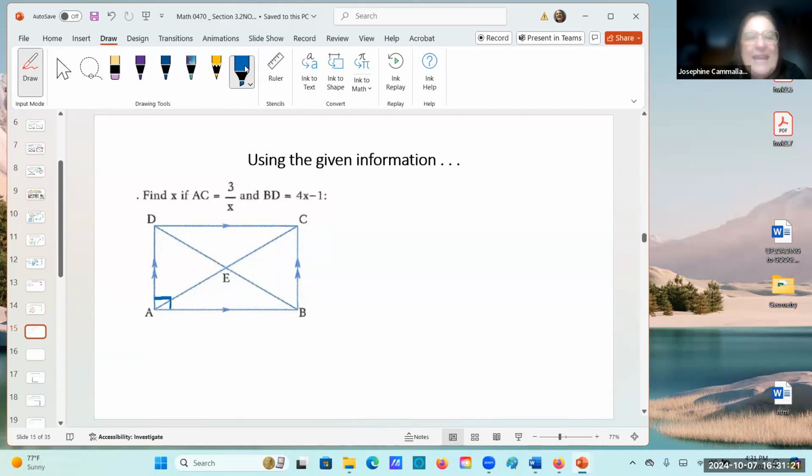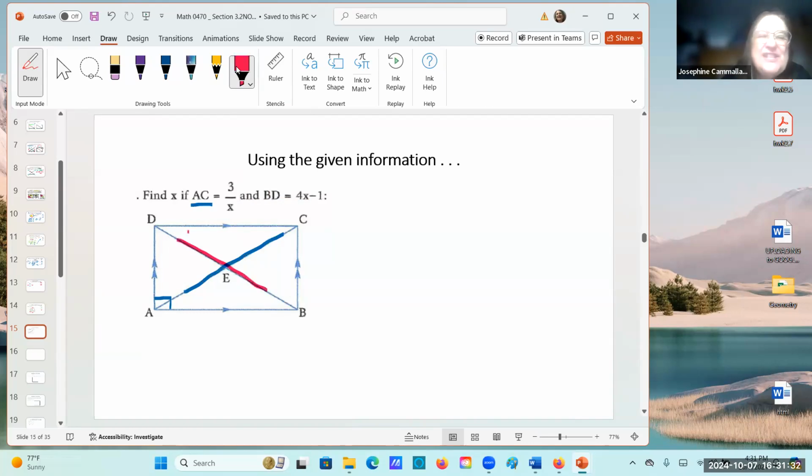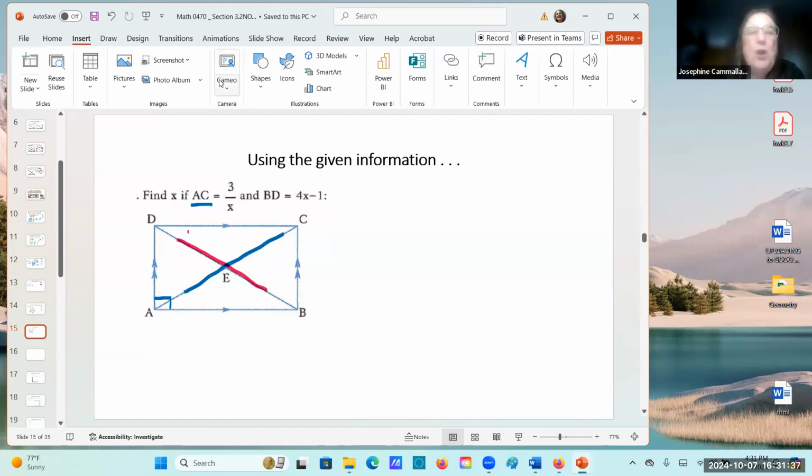So right away, I know AC, which is this side, and BD, which is this side, have got to be equal.